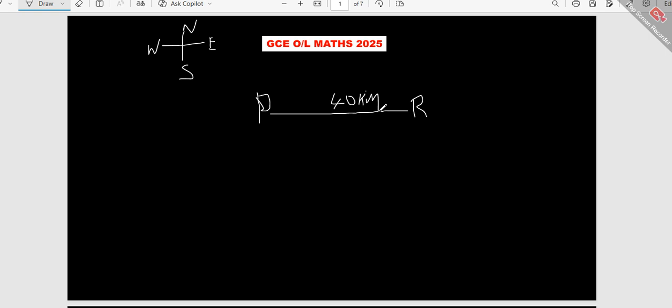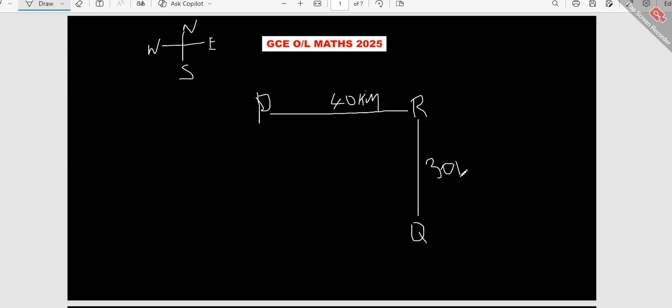Alright, and it is also said that there is another point Q which is 30 kilometers south of R. So at the south of R, there is another point Q which is 30 kilometers.